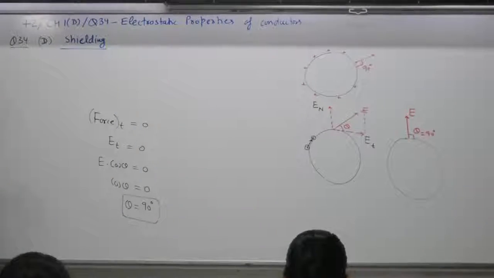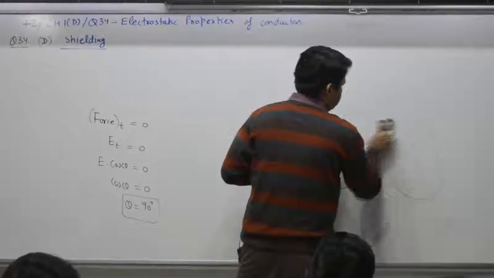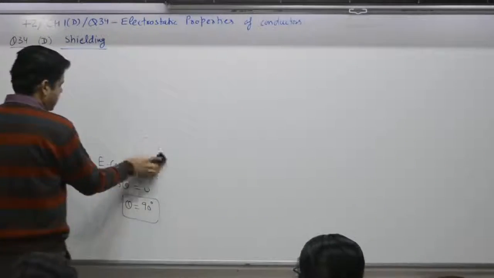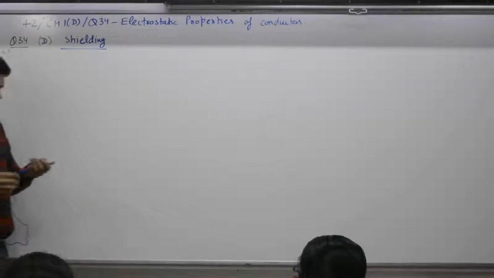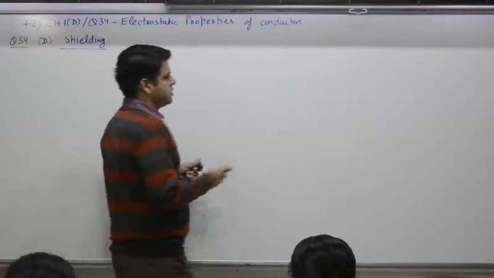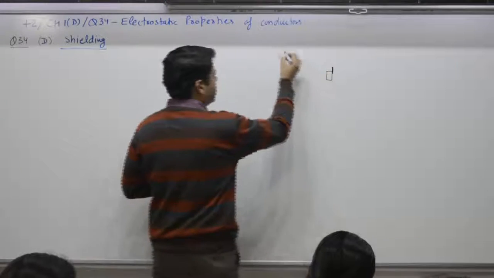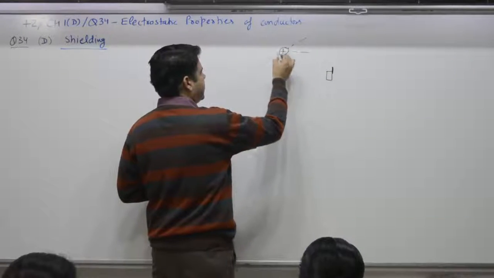Shielding. To shield means what? To protect. All instruments are subjected to electromagnetic noise or electromagnetic disturbance. Suppose there is a mobile phone and there is a source of electric field or electromagnetic radiations.